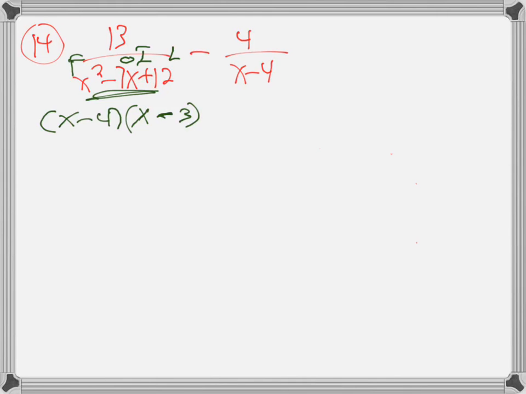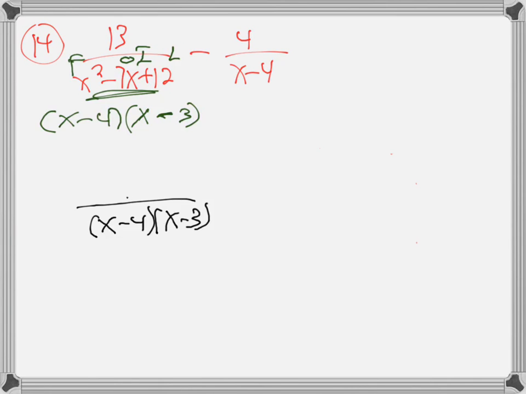So let's rewrite that one. My Apple Pencil just broke, so I'm struggling to hold it together here. Where'd you get lost? All right, so that's going to become x minus 4, x minus 3, 13. Whoops, sorry.